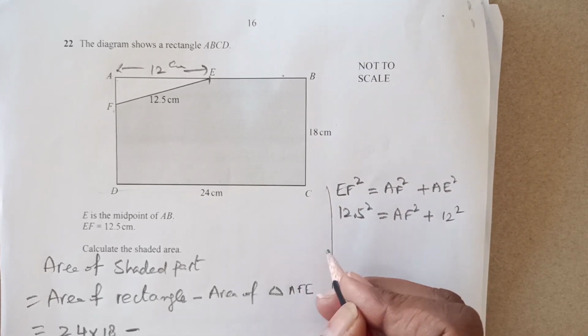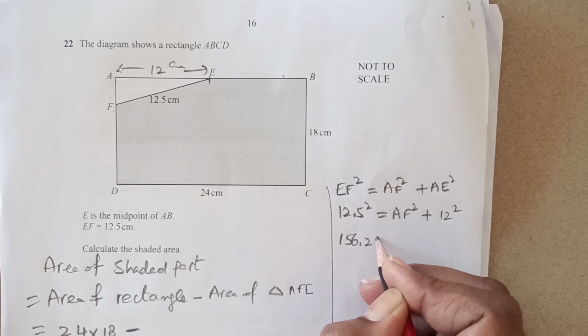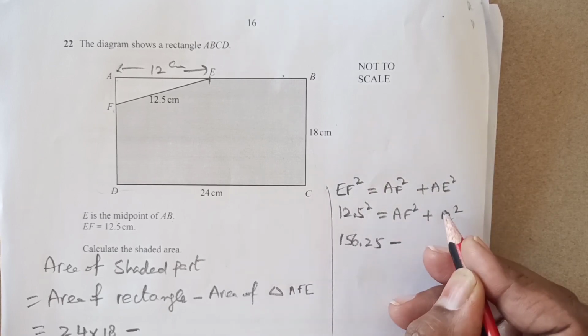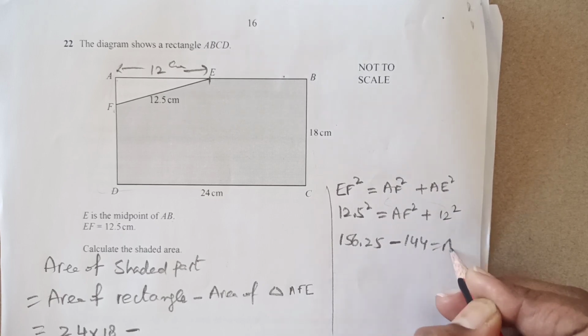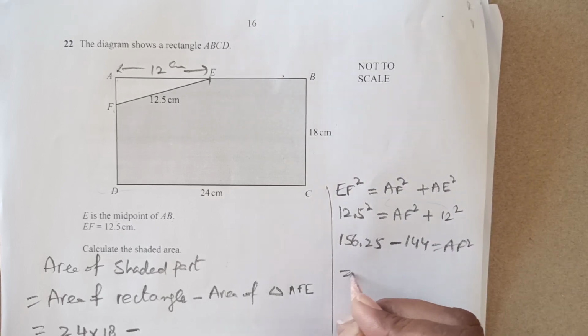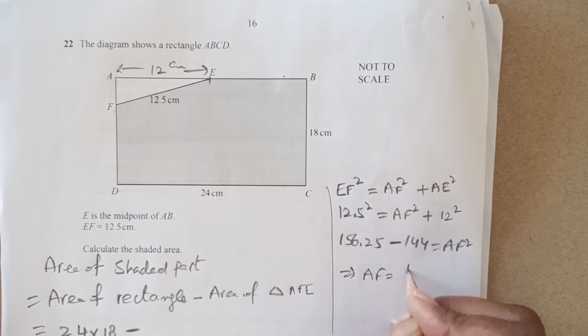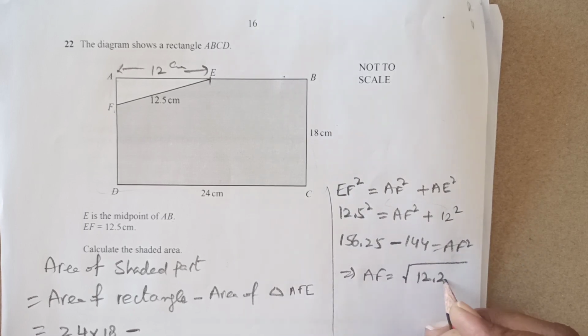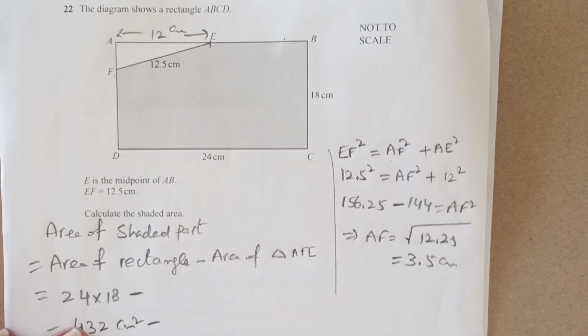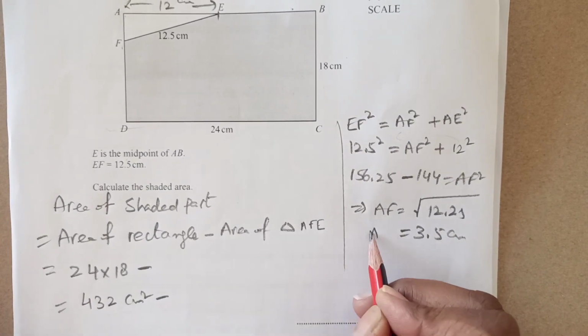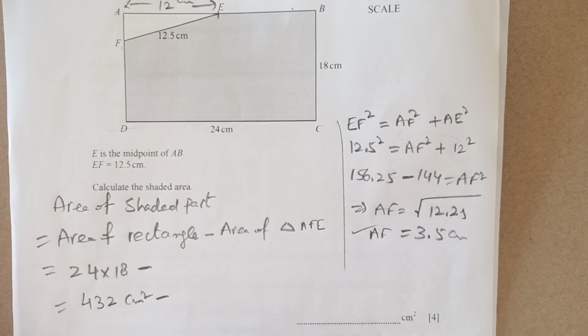So this one is 156.25 minus, I'll bring this here, 144 equals AF squared. So from here we have AF equal to the square root of 12.25, which comes out to be 3.5 centimeters, right? So that gives us the value of AF.